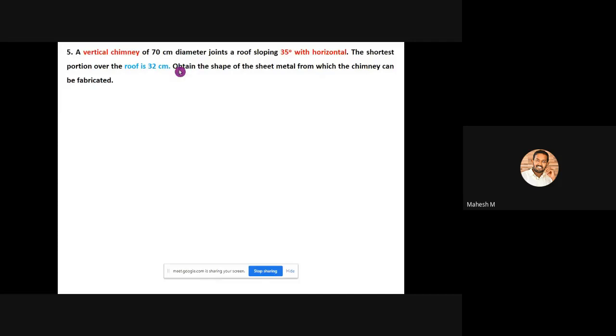So far we have discussed only scale 1:1, that is, if it is 70 mm, we create a diagram with the dimension of 70 mm. For this kind of problem, we have to follow the scale concept. That means we have to reduce the dimension.